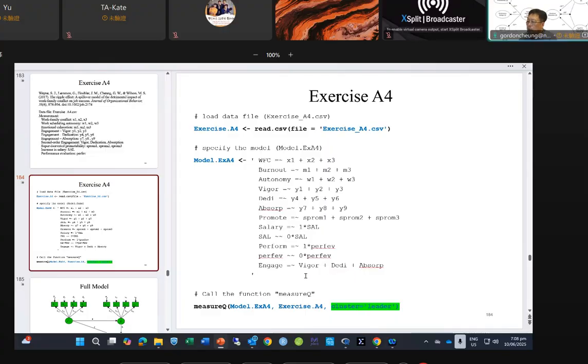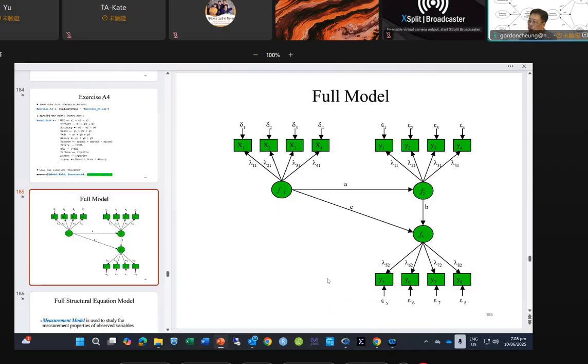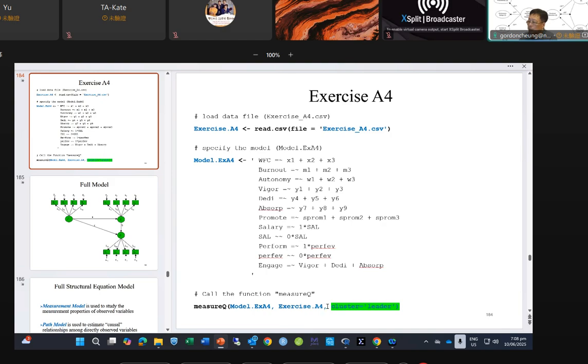One more thing is some of the items here are measured by the leader. Some items are measured by the subordinates. Since each leader may have more than one subordinate, it is nested data, okay? Each supervisor rated more than 1 subordinate. So we have to control for the nested data.